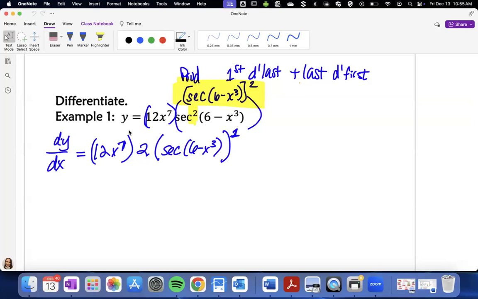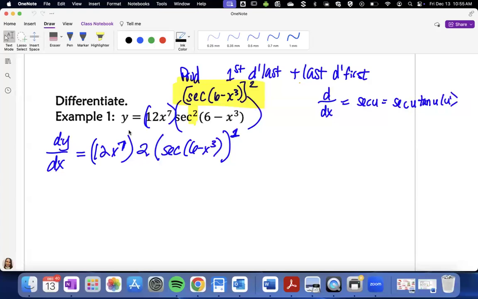So what's the derivative of secant u? Secant u tangent u. It's not negative, is it? Can somebody check? I don't think it's negative. It's not? Okay, good. So secant u tangent u times u prime, right?